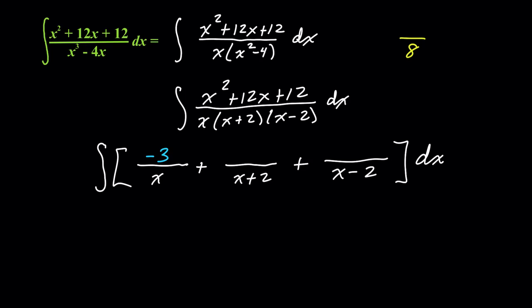In your numerator, you're going to have negative 2 squared, that's 4. 12 times negative 2 is negative 24. So 4 minus 24 will be negative 20. And negative 20 plus 12 is negative 8. All right, so we get negative 8 for the numerator, which comes down to be a negative 1.